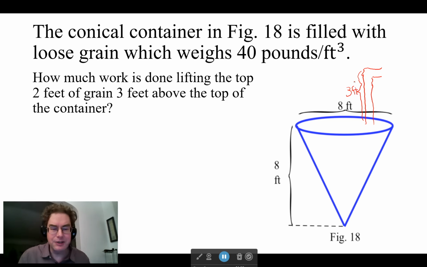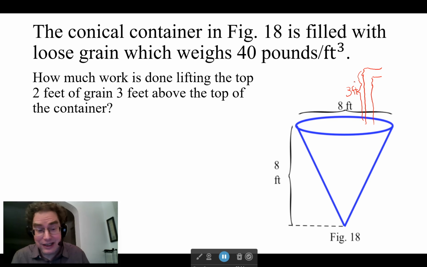And as we do this, I do want to illustrate some of those key steps of describing your process that are going to be super important to explain that you know how to set up a work computation. Well, of course, the first thing we need here is to establish our coordinate system.